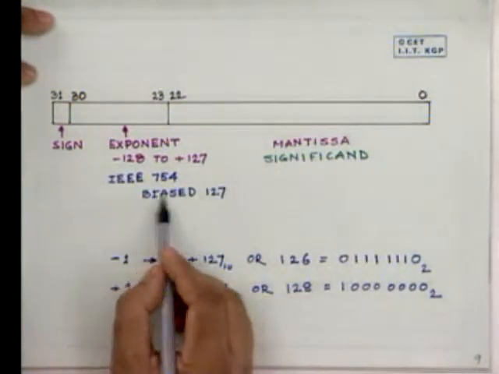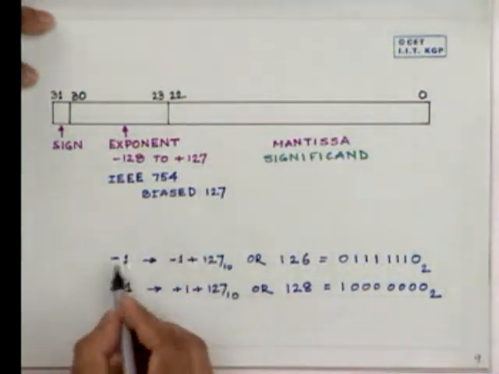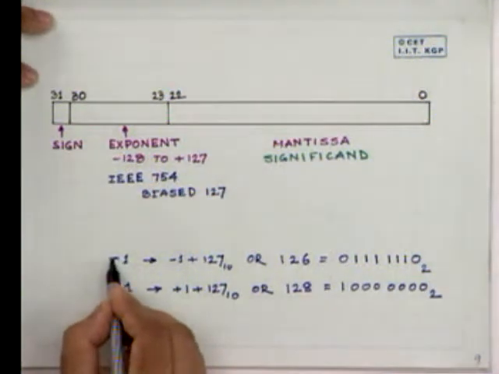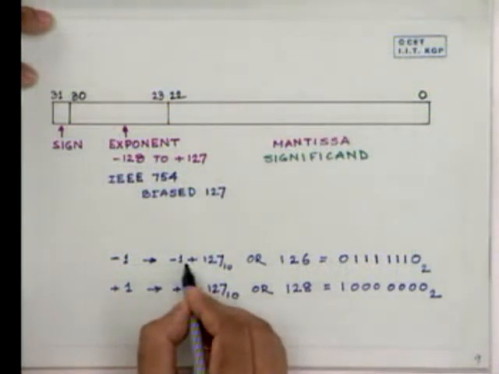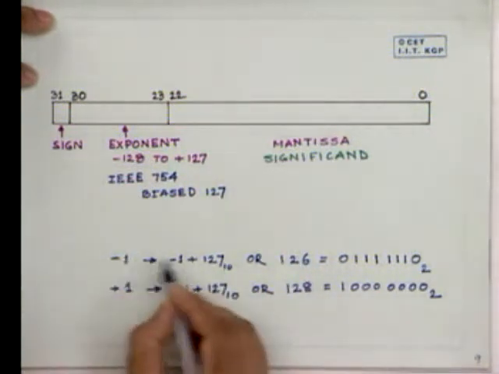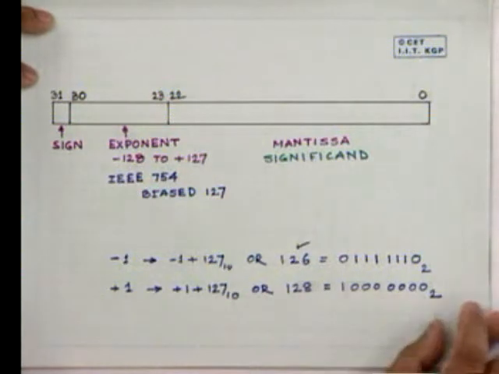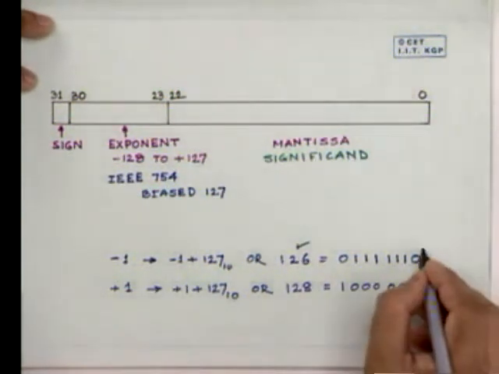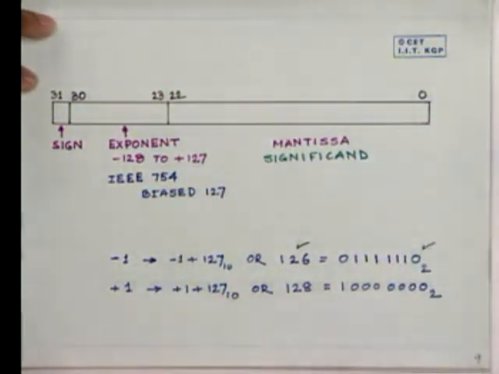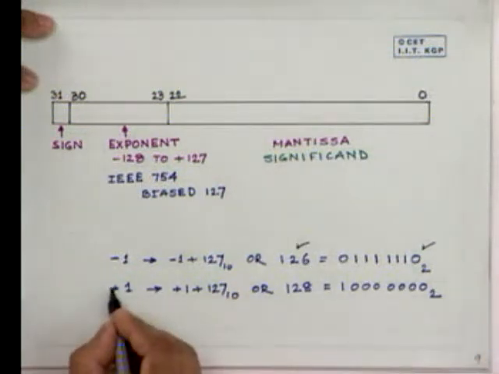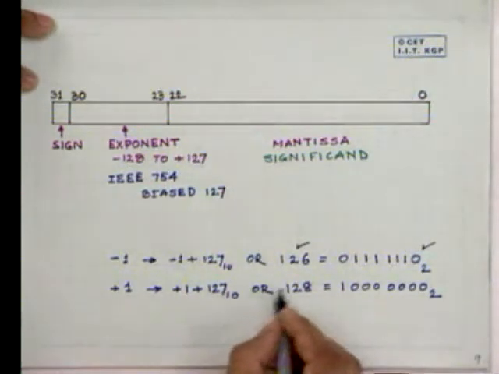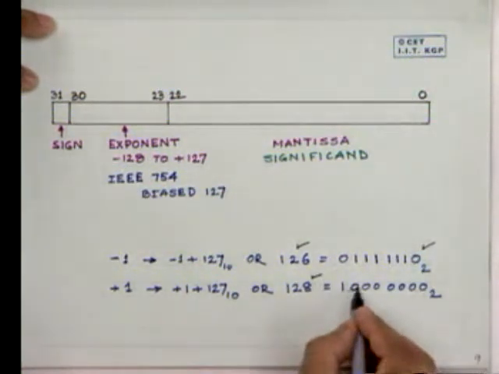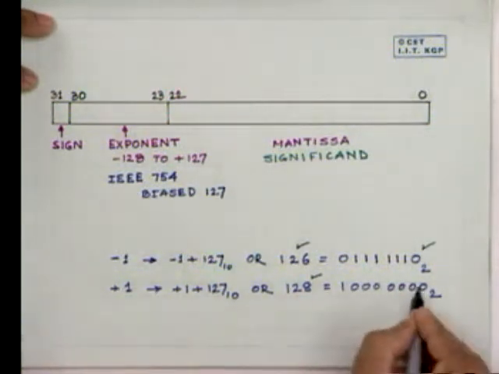They take a bias of 127, which means that if you want to represent minus 1, then 127 will be added to it, so minus 1 will be represented as 126, and its representation naturally will be this. Similarly, plus 1 will be represented as plus 1 plus bias 127, which is 128, and will be represented in 8 bits this way.